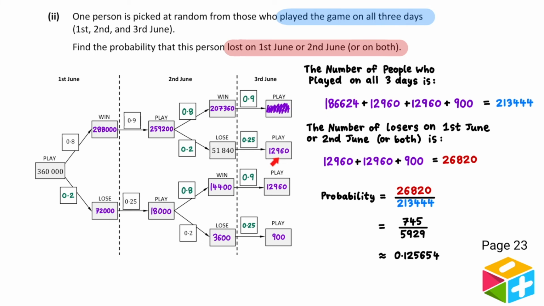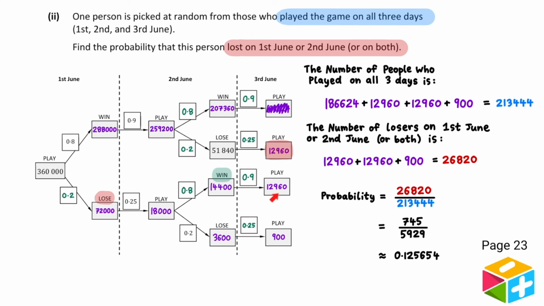The 12,960 in the second box represent the players who won on the 1st of June, but lost on the 2nd of June. So these guys did lose on one of the days. The 12,960 in the third box is for the people who lost on the 1st of June and won on the 2nd of June.